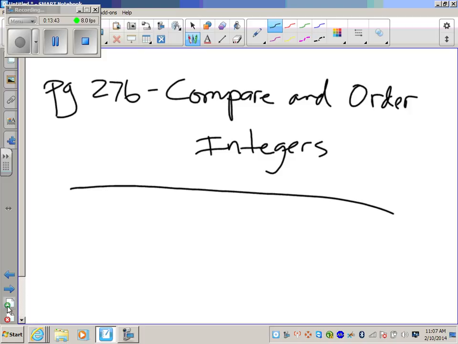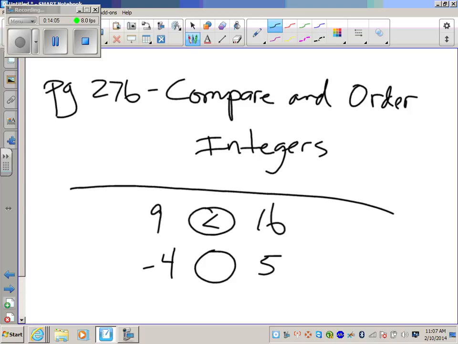So in this one, you will get 2 integers, sometimes more. You'll have to compare their value. So, for example, a 9 and a 16, which one is greater? 16. Negative 4 and a positive 5, which one's greater? 5. The positive will always be greater than the negative.